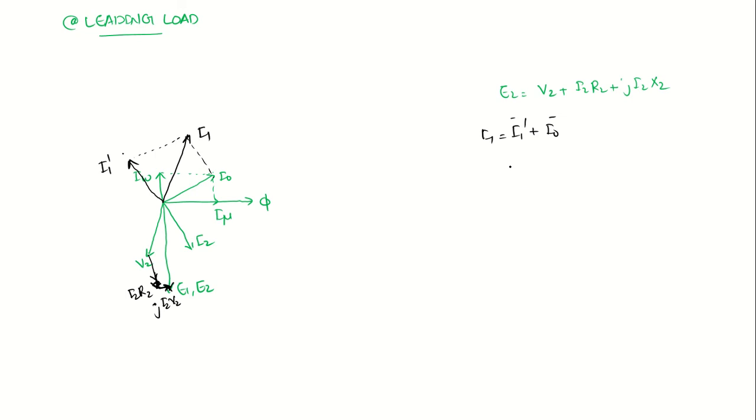Now V1 is equal to minus E1 plus I1 R1 plus J I1 X1.